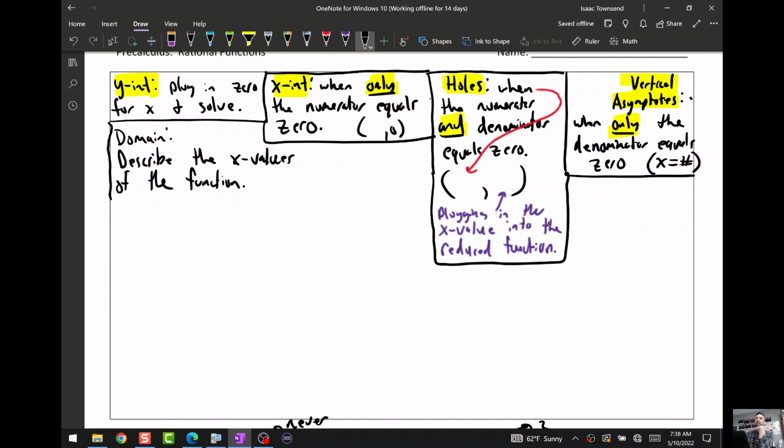I don't know if you want to write this in your notes or not, but just so you know, there's really like 3 ways to restrict domain ever. One is called implied domain. So like if it was a real world question, maybe something about time, we don't let time be negative in those situations. That doesn't make sense.